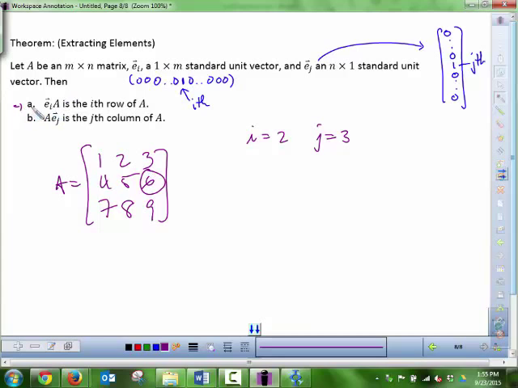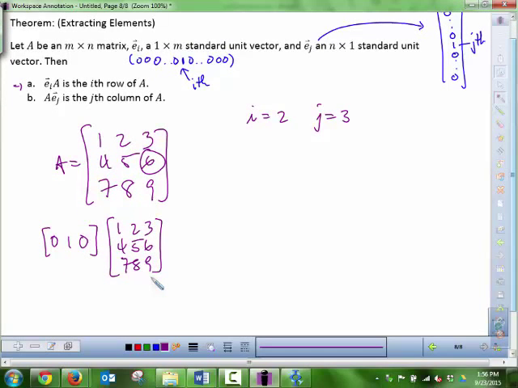This first one says I could take the row vector 0, 1, 0, and then multiply it with A. And then I can get the ith row for that.